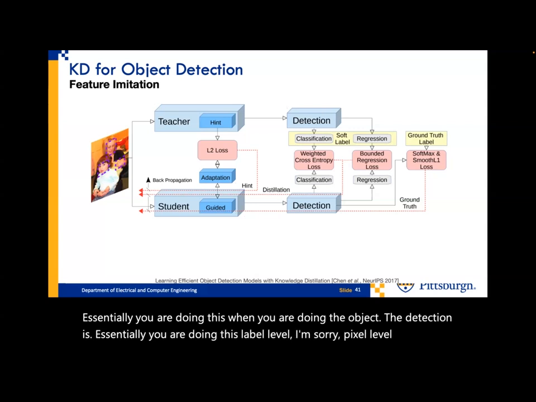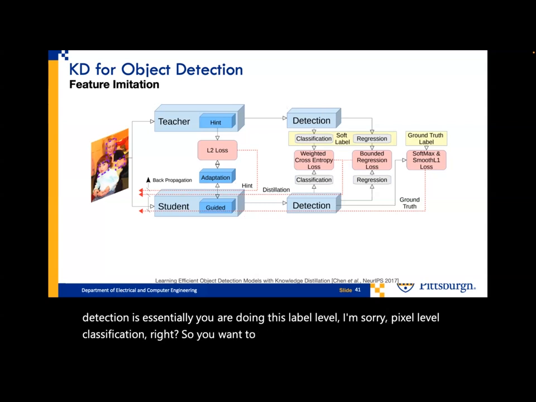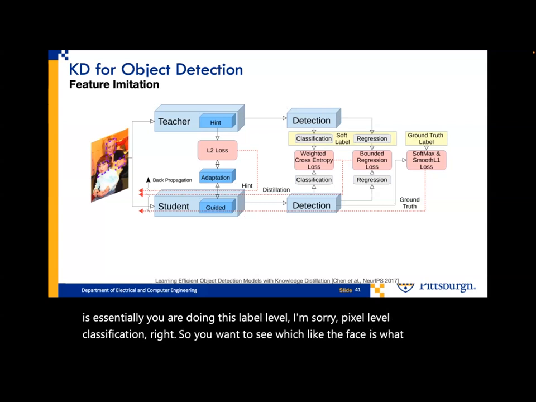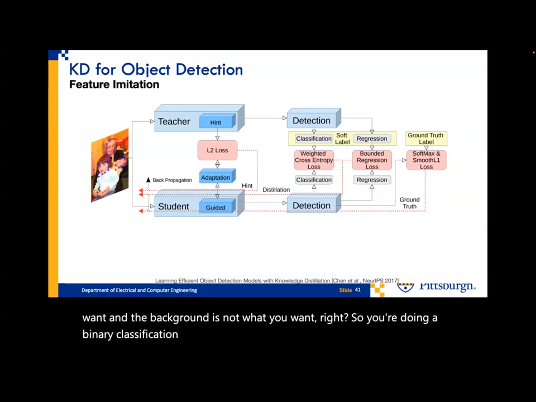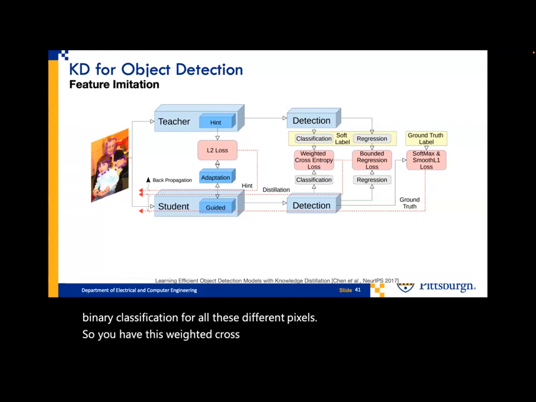You want to see which pixels are the face that you want, and which are the background that you don't want. So you're doing a binary classification for all these different pixels. So you have this weighted cross entropy loss. Does anyone know what a weighted cross entropy loss is?